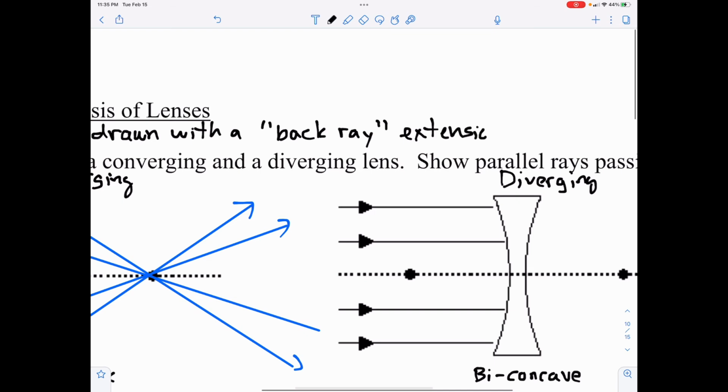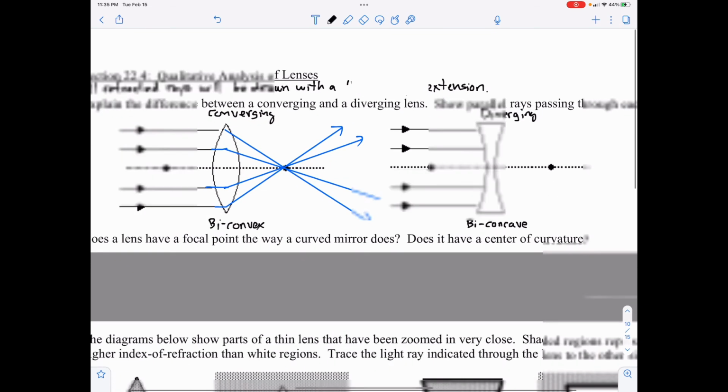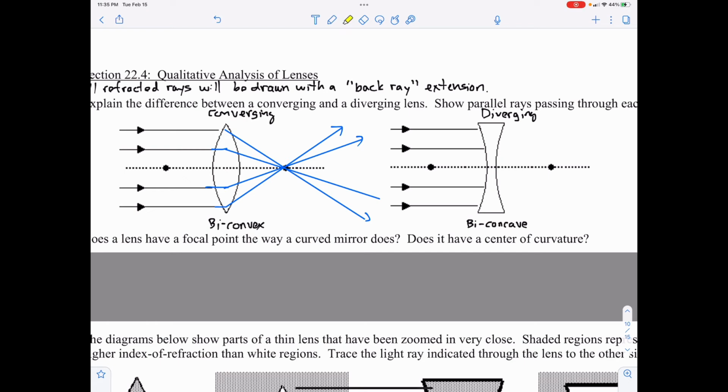We did that with all of our reflected rays. Now we're going to do that with our refracted rays. So this right here, this right here, this right here, and this right here are all refracted rays, and I should draw each one of them with its own back ray. You'll notice the back rays are diverging in front of the lens, while the refracted rays are converging through the far side focal point, hence the name converging lens.